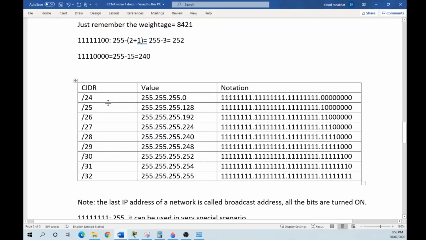Let's talk about CIDR notation, which is classless interdomain routing. When we represent the subnet mask in slash format, it is called CIDR. It is most common because representing the subnet masks in this sort of values and representing the numbers in all the binaries is a little bit difficult and a long process.